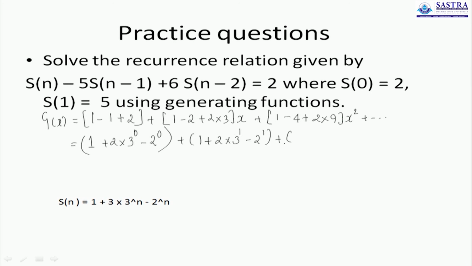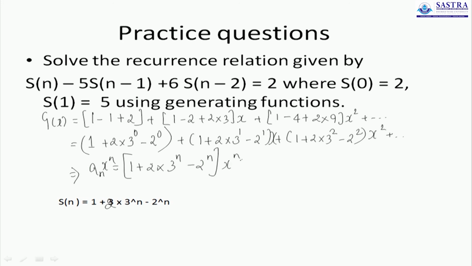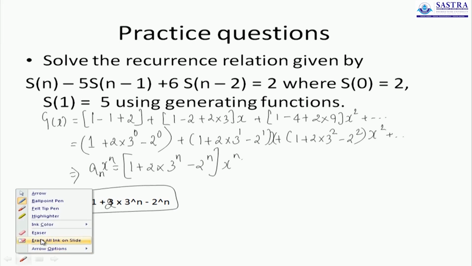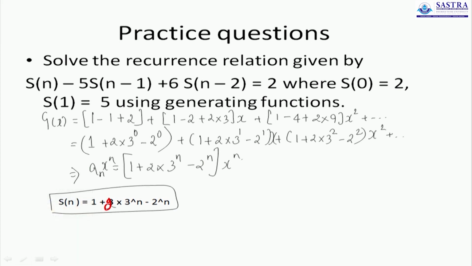The third term is 1 plus 2 times 3 squared minus 2 squared times x squared, etc. So in general the coefficient can be written as 1 plus 2 times 3 power n minus 2 power n, and the general term a n x power n is all of this multiplied by x power n, and that gives us the solution of the recurrence relation. It is in fact 1 plus 2 times 3 power n minus 2 power n.